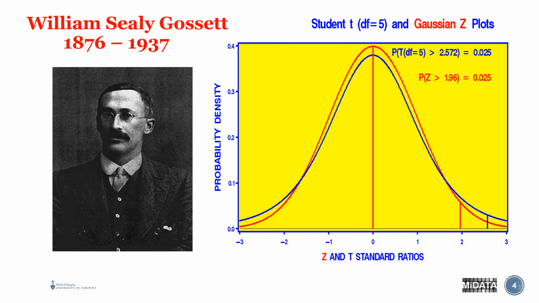And so when he applied his analyses to smaller samples, he realized that the curve didn't look quite the same. Basically it was flatter, so the peak was lower, and it had wider tails.